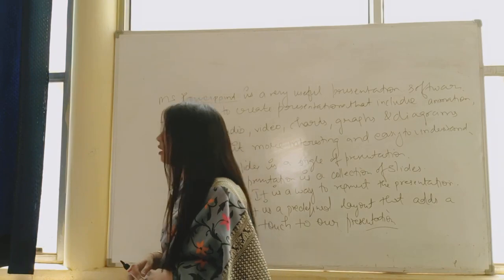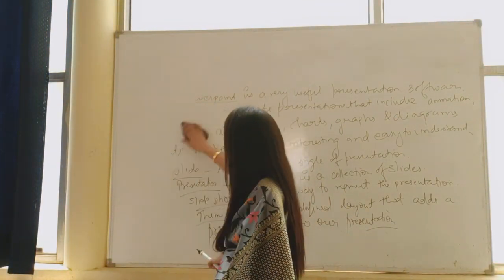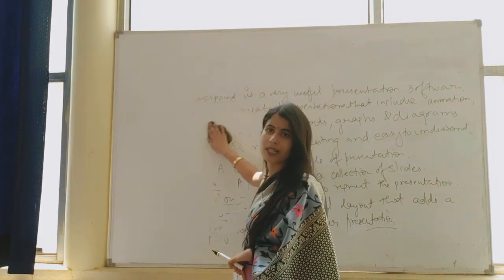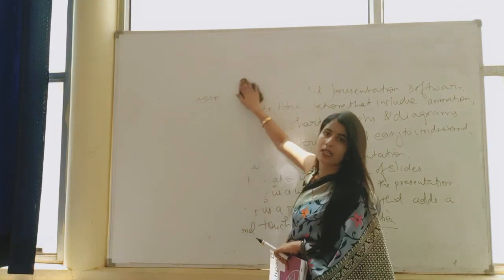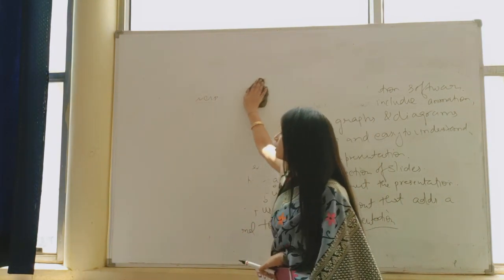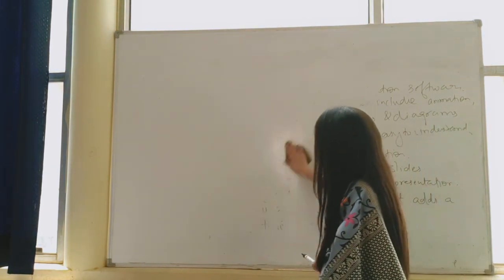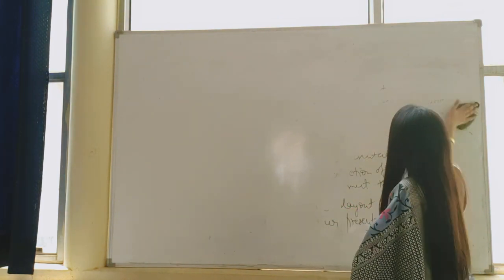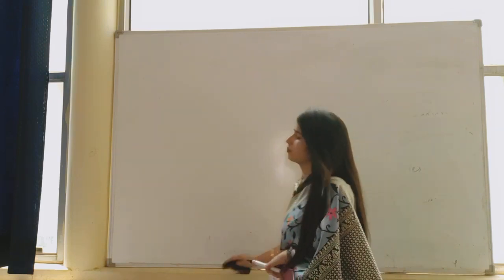Okay, when you want to apply themes, then you have to follow a few procedures. What are the procedures? For this, at first you have to click on the design tab. When you click on the design tab, you will find the theme group there.